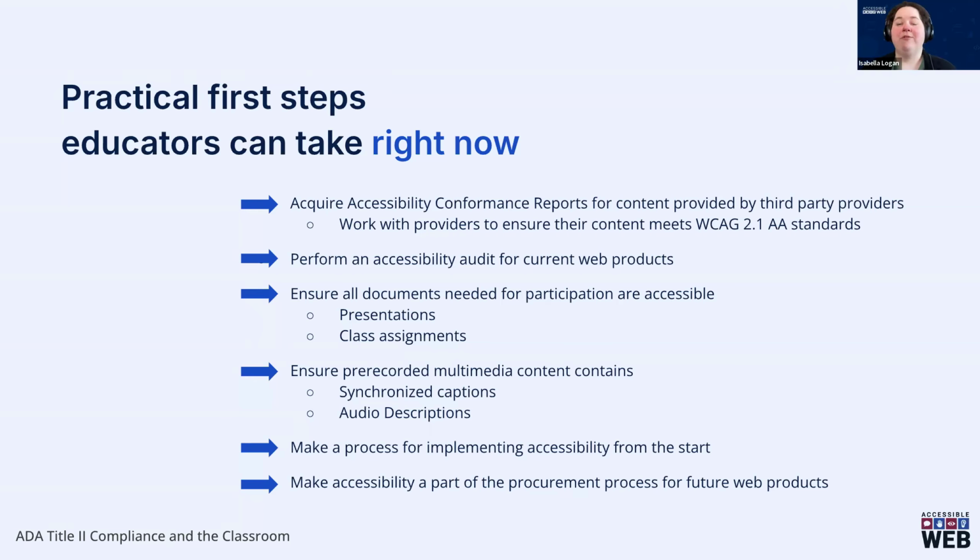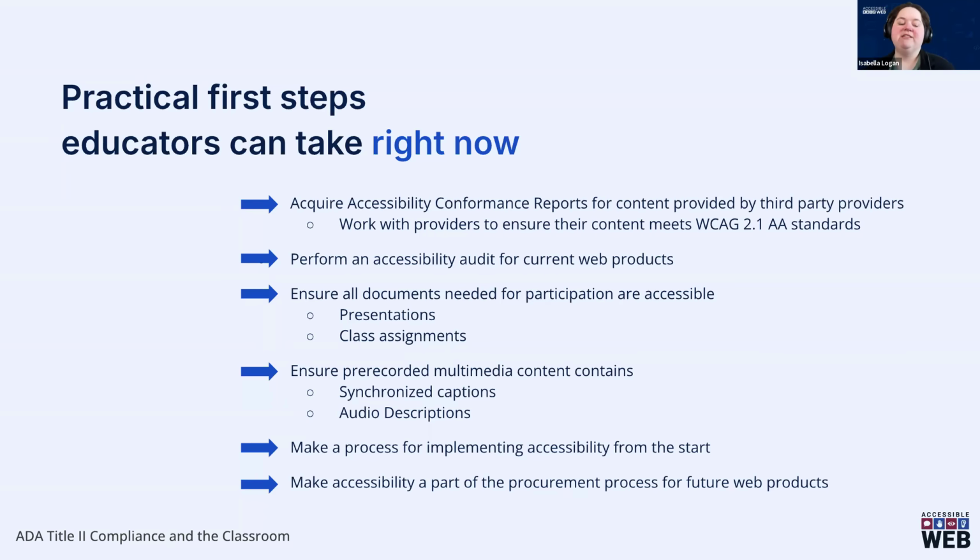So it's really good if you have a third-party provider to ask for their ACR. And if they don't have one, have an open conversation about compliance and your compliance goals. And if your third party isn't being cooperative, it's a really good time to look for other third parties that are going to help you meet your compliance goals and deadlines.